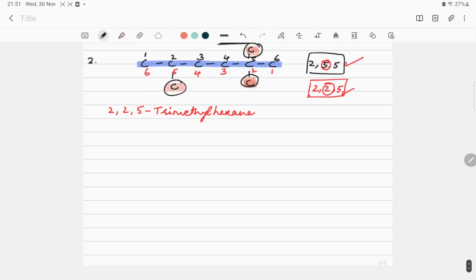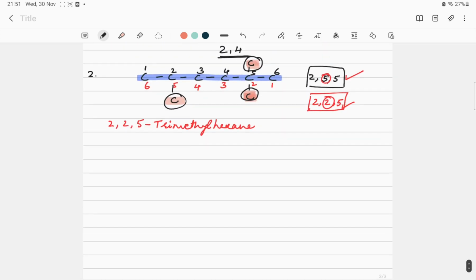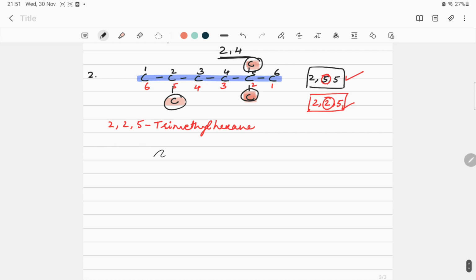Now what if the compound is like this? 1 2 3 4 5 6 7. Say here we have 1, 2, here we have 1. So this way we have the compound. Now the possible parent chain is one containing 3 4 5 6 7 carbons, right?